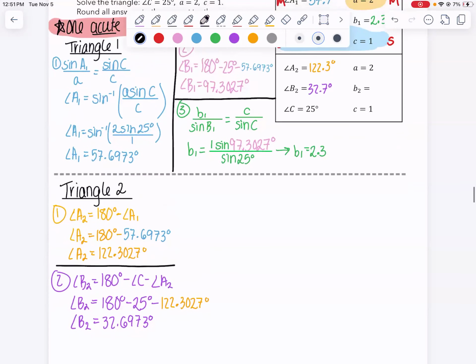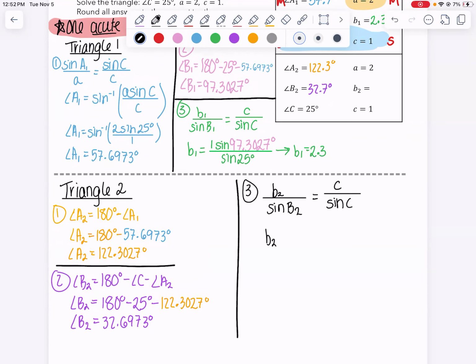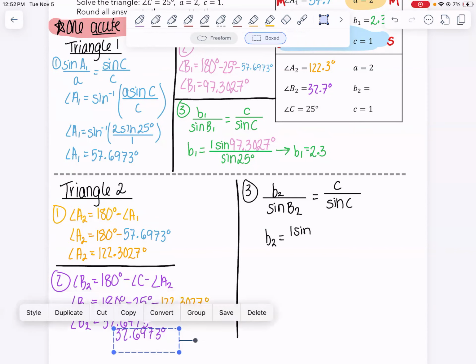We just need to solve for the one last side. So we'll solve for B2. B2 divided by sine of B2 is equal to C divided by sine C. B2 is equal to, C is 1, baby C, that is, times sine of B2, which is 32.6973 degrees, I'm using that full number.